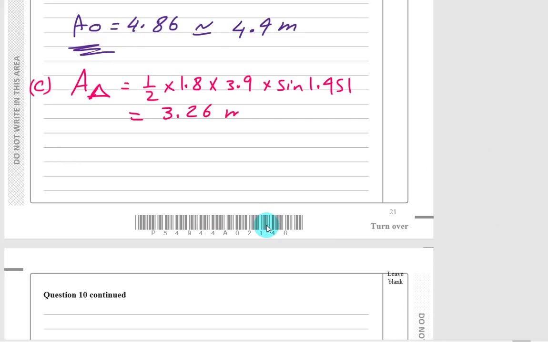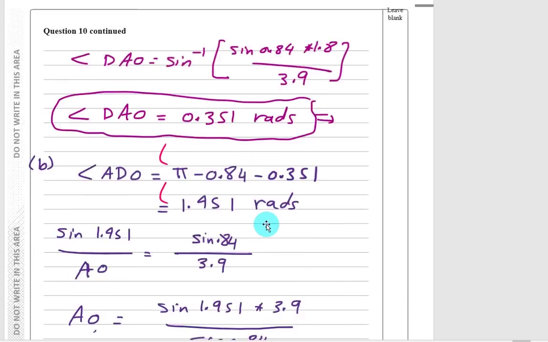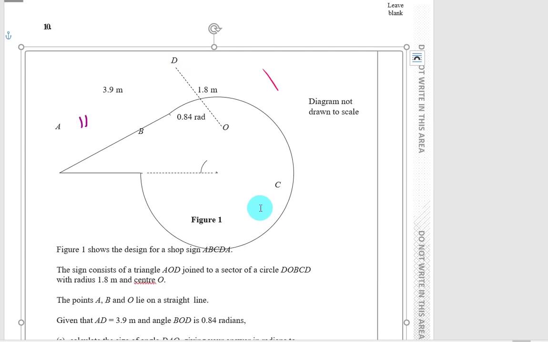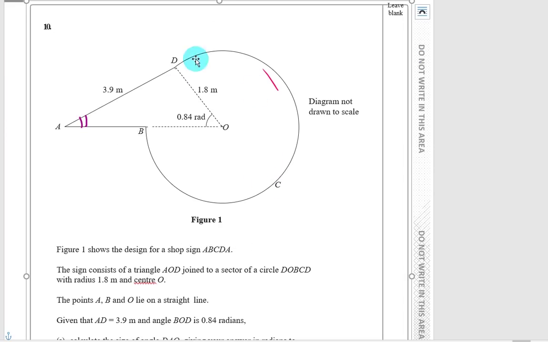So now this area is equal to 3.26 meter square. Okay. Let us find now the area of the sector. The area of the sector is equal to half theta r squared. Which theta? If we go up, this is our arc here, so we need this theta.